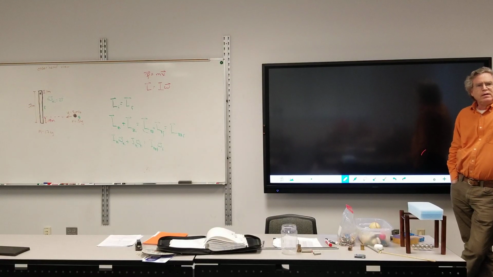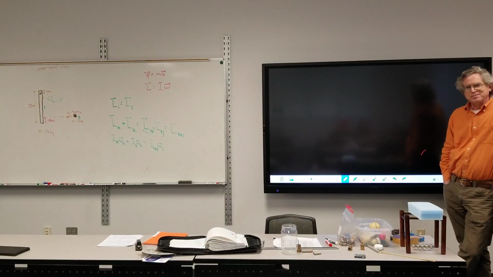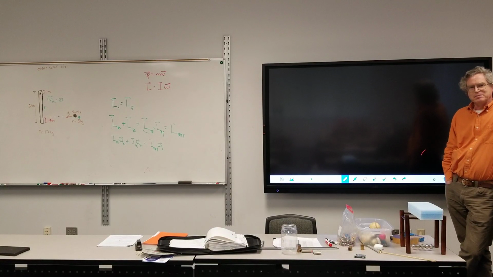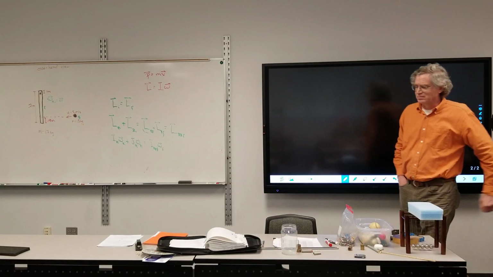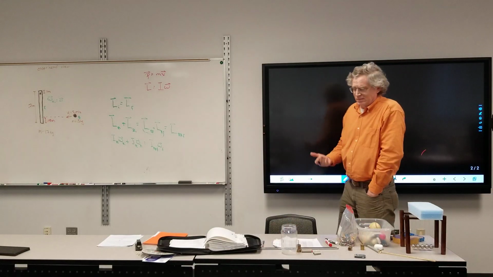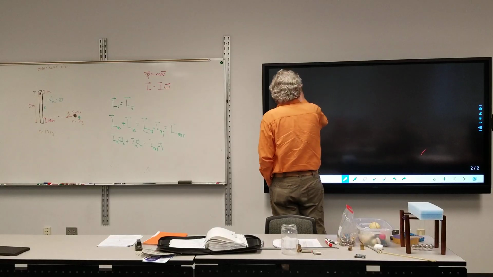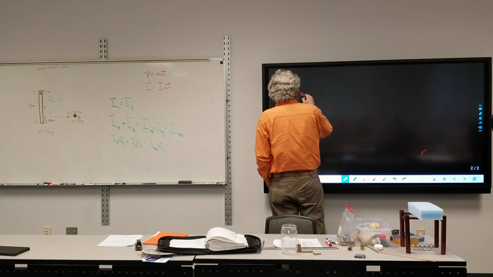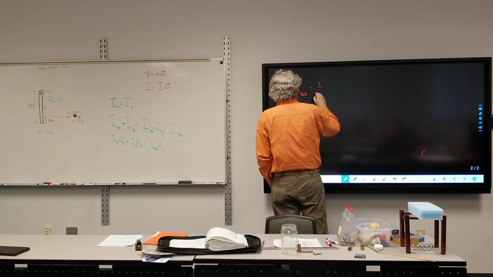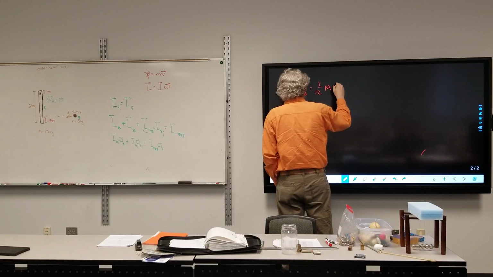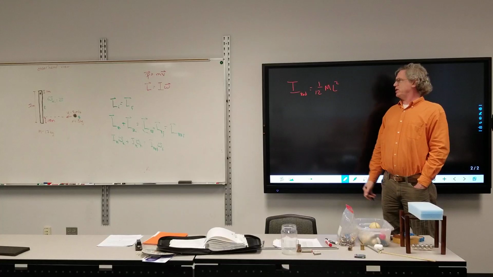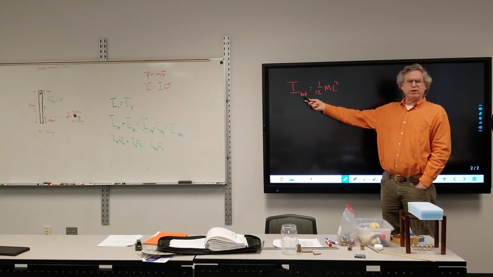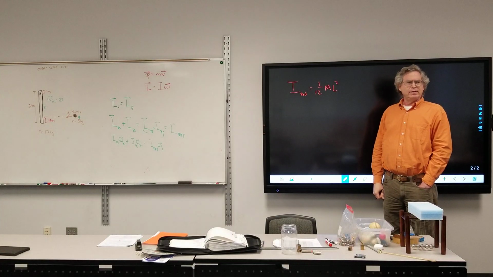Is it 1/2? Or no, 1/12? Something like that? 1/12 what? You got the hard part. ML squared. Yeah, there we go. As a group, we got it. So I of a rod is 1/12 ML squared. Because moment of inertia requires some axis of rotation. What axis of rotation is involved for the 1/12 ML squared?